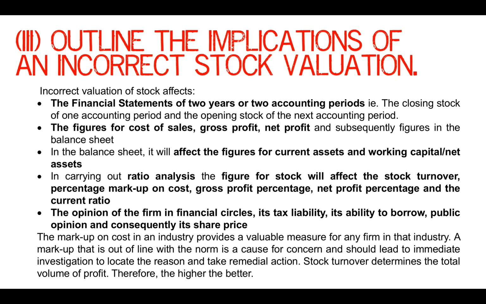The markup on cost in an industry provides a valuable measure for any firm in that industry. A markup that is out of line with the norm is a cause for concern and should lead to immediate investigation to locate the reason and take remedial action. Stock turnover determines the total volume of profit. Therefore, the higher the better.